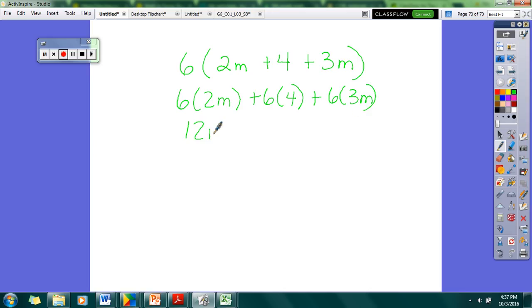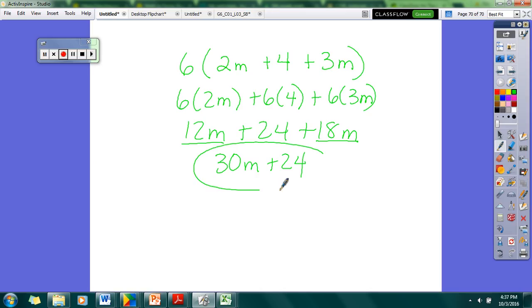Now I'm left with 12m plus 24 plus 18m. Now one thing you may have noticed is that I have 12 m's here and 18 m's here. I can combine them to get 30 m's plus 24. Okay, and that's going to be my final answer. They both have the same type of variable and to the same power, so they can be combined.